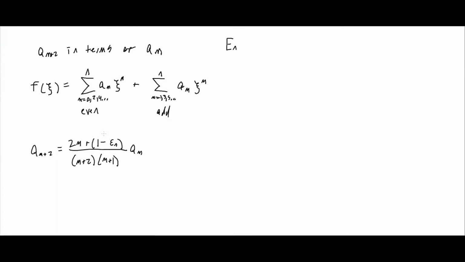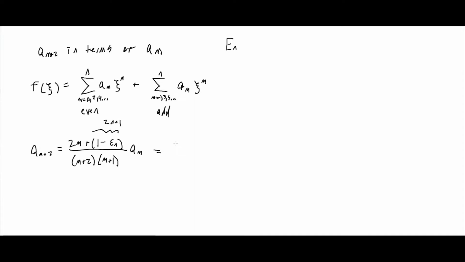And we said that this has to terminate when the numerator is 0, and that will be the case when epsilon n is equal to 2n plus 1.